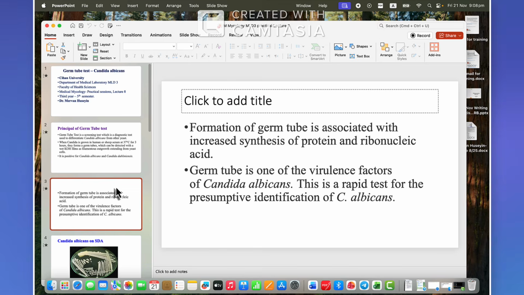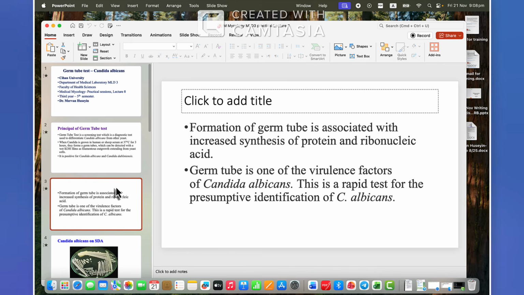Why does Candida albicans form germ tube? It is associated with the increasing synthesis of protein and ribonucleic acid. So this is the answer of why they form germ tube.